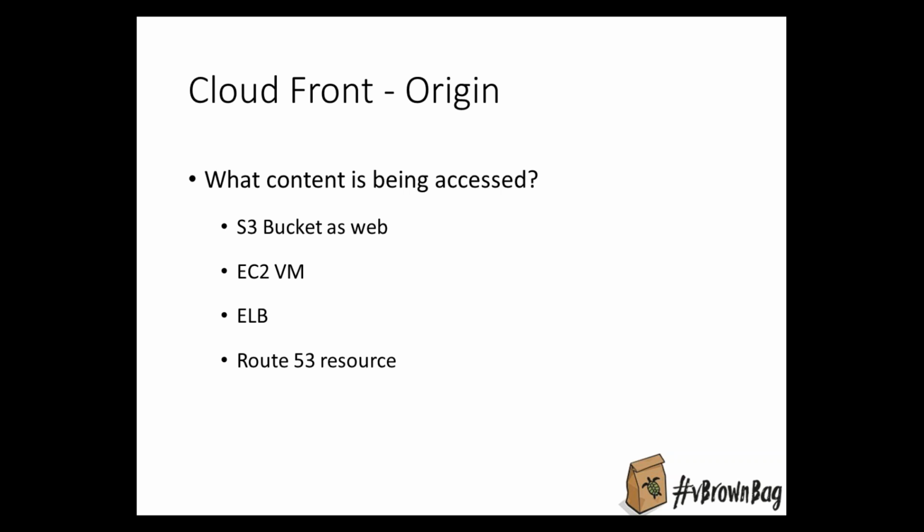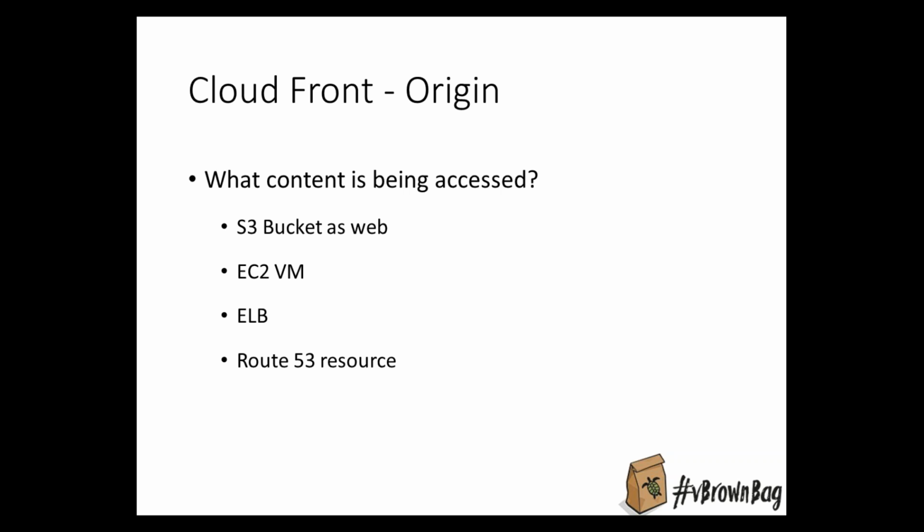Okay. So our origins are where that primary data center sits. We usually expect that we'll either have an S3 bucket or a load balancer, an ELB, as the destination for CloudFront. However, we could have a single EC2 instance as the origin for a CloudFront distribution as well. We could have a web service sitting inside an EC2 instance. And the other thing that we can have is a Route 53.